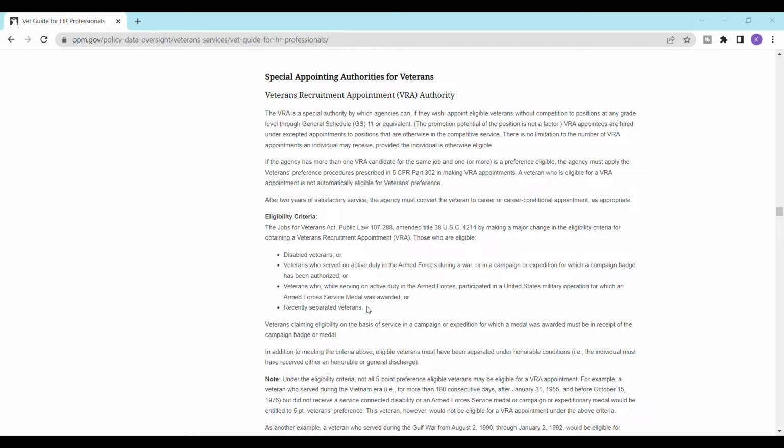It's interesting that there are some cases where you can have status but not preference, and VRA would be one of those. It would be a recently separated veteran that doesn't have a service-connected disability, or also was not in service during any of the time frames for TP preference. You could be a veteran without preference, but be eligible for VRA hiring authority.